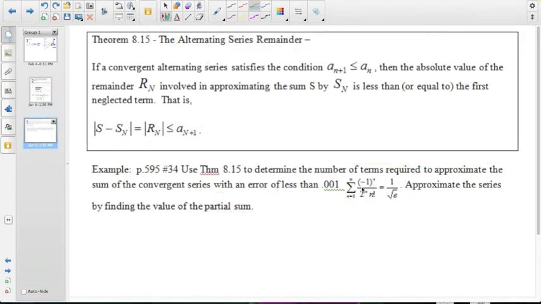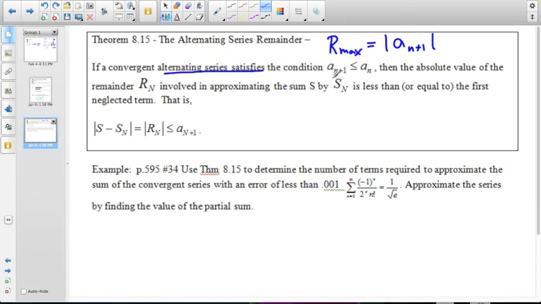So in looking at this alternating series, basically what the alternating series remainder is saying, and I'll just recap it, the maximum error, the maximum remainder is going to equal the absolute value of that next term. And so how you'll see it stated in textbooks is we've got to satisfy the condition for an alternating series.